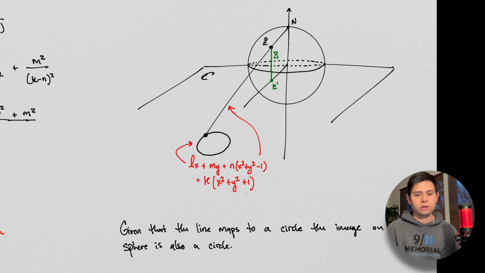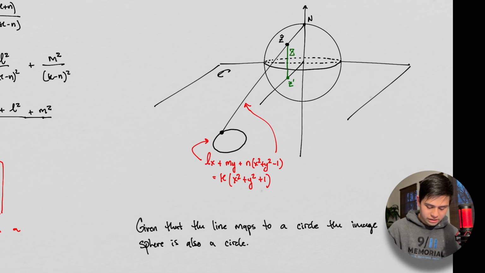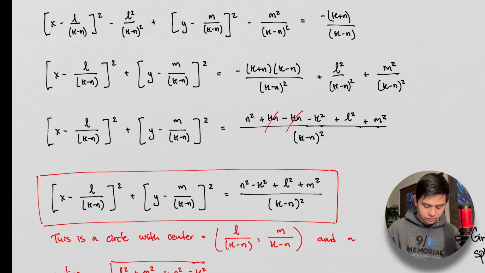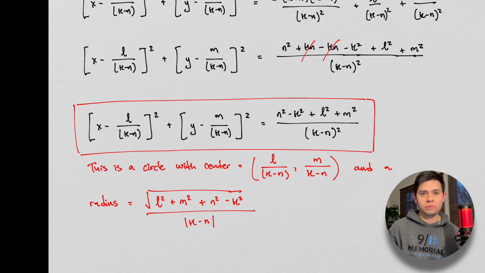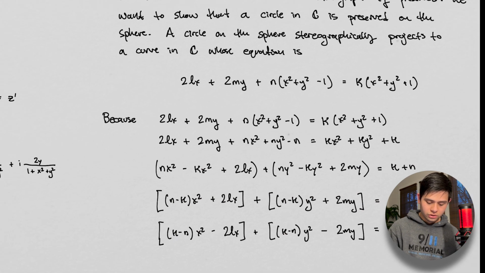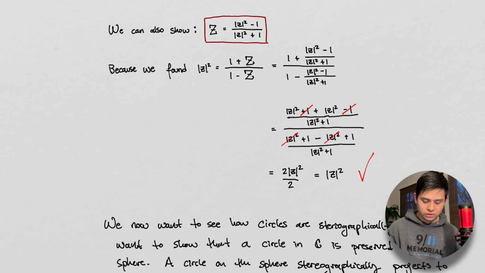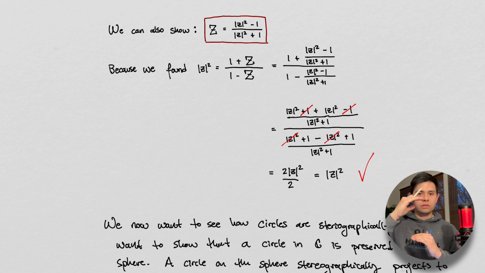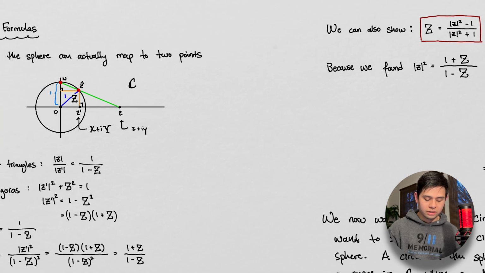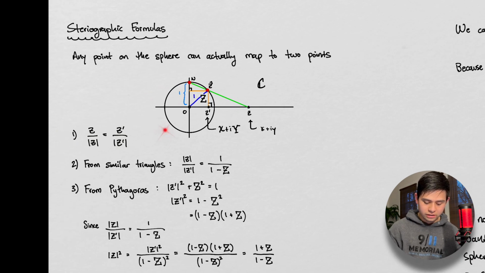Just to reiterate, we've seen that we were able to show that circles map onto circles during stereographic projections. We were also able to show relationships between distances above the complex plane and the points on the complex plane that are stereographically projected.